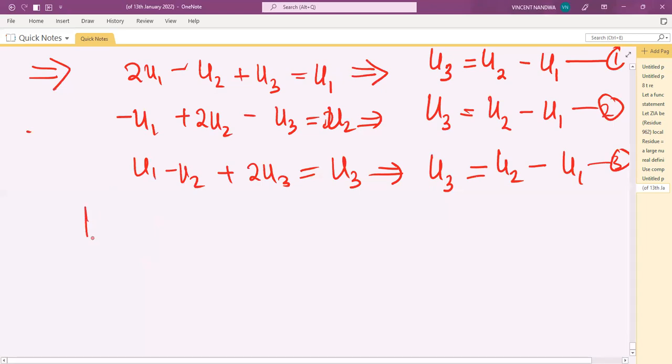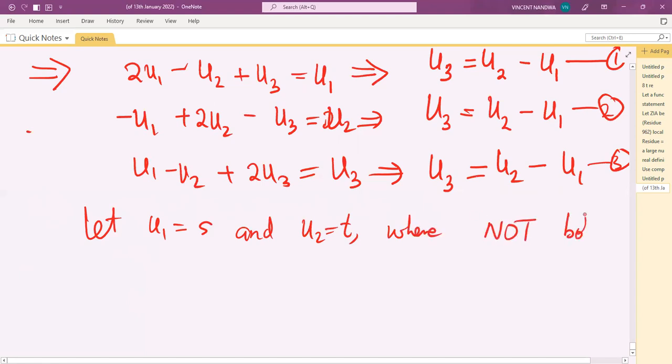So let U1 be S and U2 be T, where S and T are not both 0.